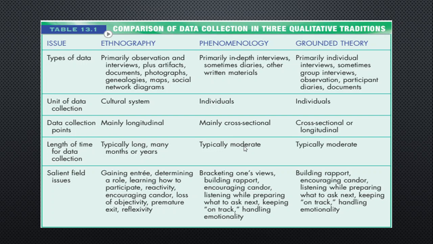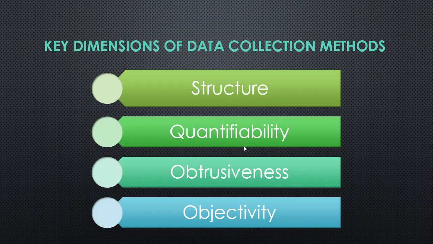For phenomenology: bracketing one's view, building rapport, encouraging candor, listening while preparing what to ask next, keeping on track, handling emotionality. For grounded theory, you have building rapport, encouraging candor, listening while preparing what to ask next, keeping on track, handling emotionality.